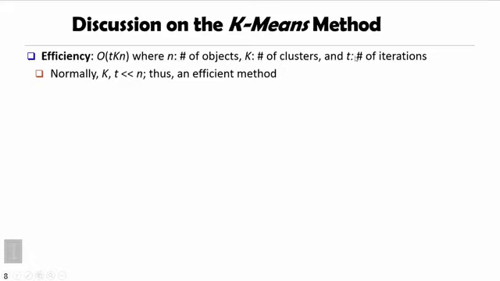In total, you have t iterations. That's why the computational complexity is big O of t times k times n. Usually k and t, the number of clusters and number of iterations, are far smaller than the number of objects. So if n is quite big, this complexity is essentially linear in n, the number of objects. That's an efficient algorithm.